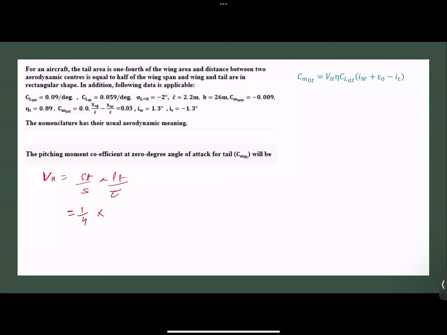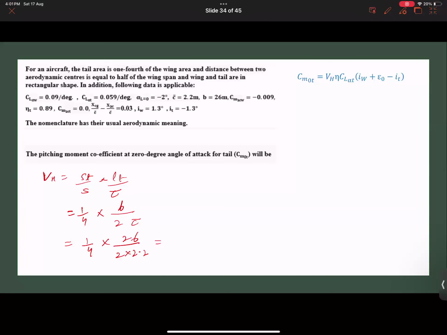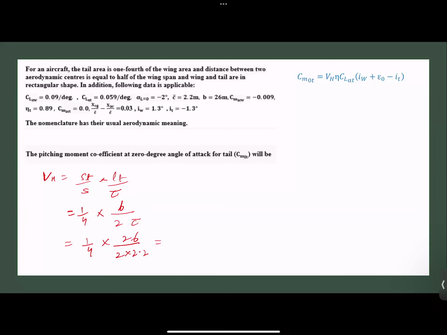Lt upon C bar is Lt into B by 2, over C bar. Now it's just direct substitution. What would the answer be? CM contribution of the tail.